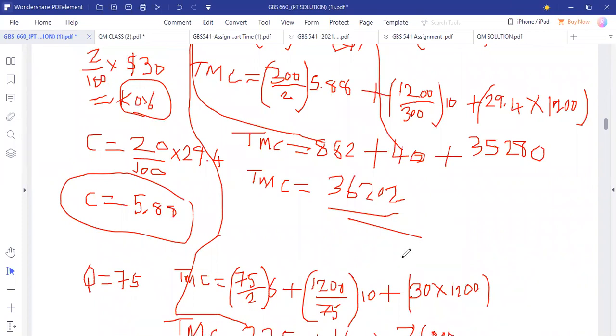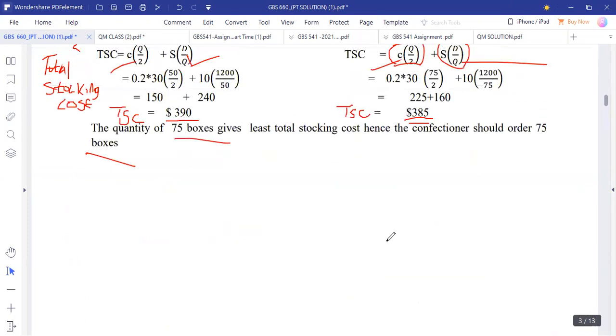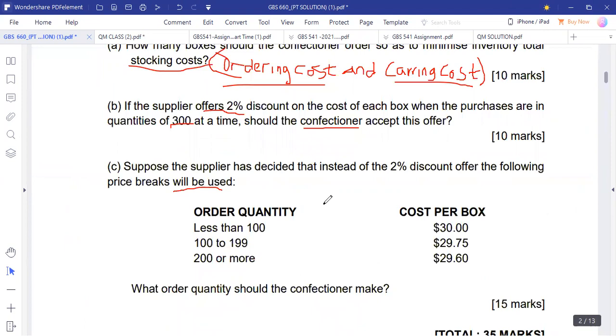All right, then we can go to the last part of the question, question 1, part C, where the examiner wants to find out if we can buy when there is an order quantity for the discount. Suppose the supplier has decided that instead of a 2% discount offer, the following price breaks will be used.